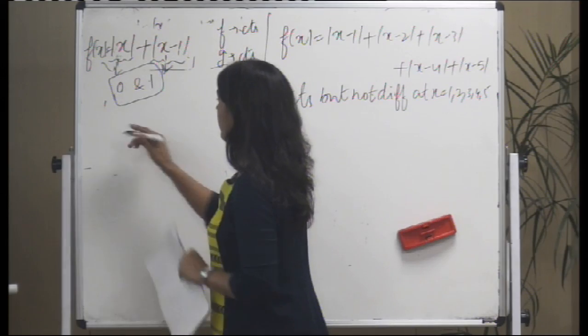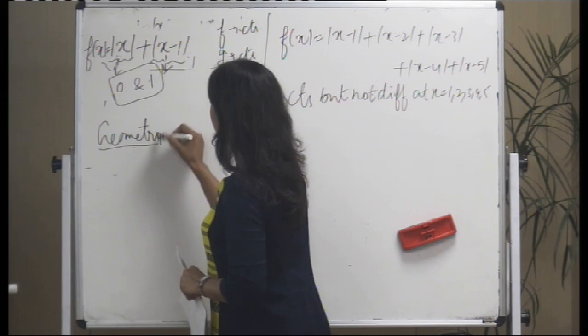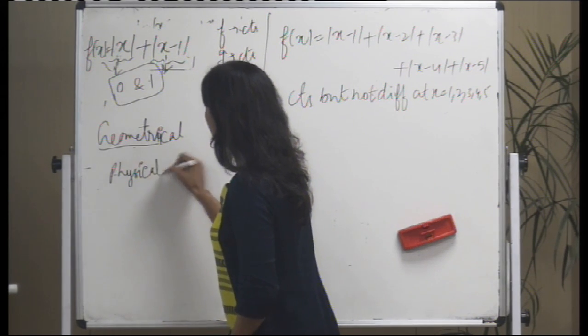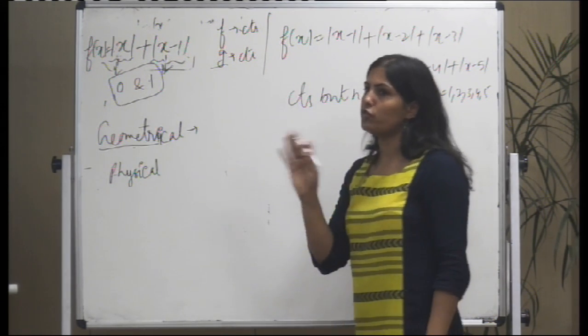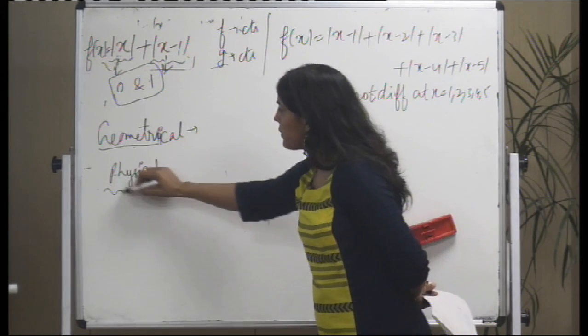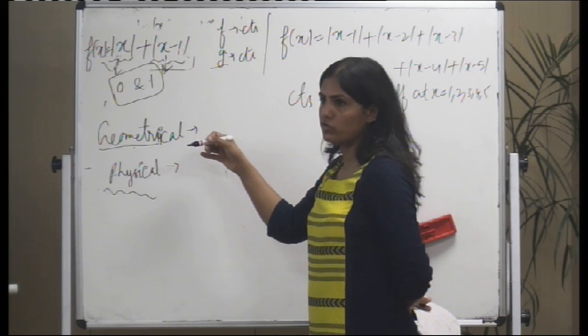Now you can answer this also. We are leaving the geometrical meaning and physical meaning. Geometrical meaning you got to know: there should be no sharp edges. Physical meaning: what does a derivative give you? Slope.